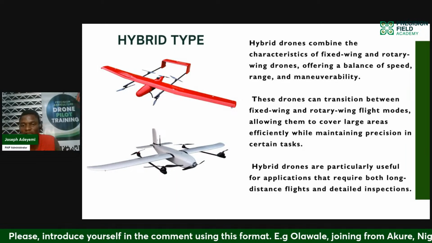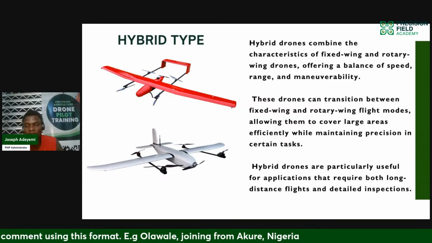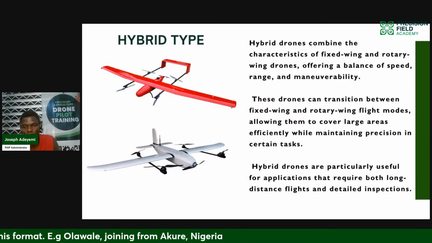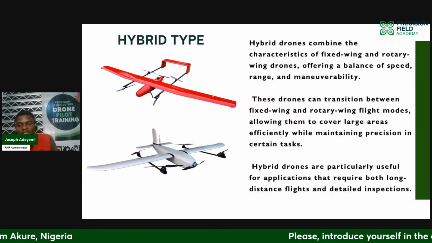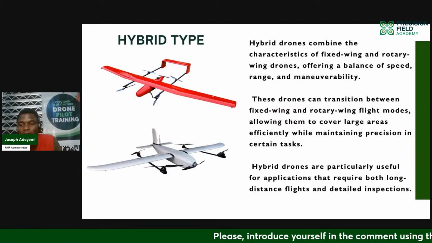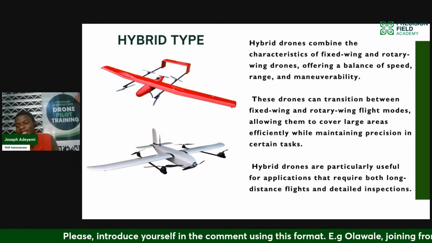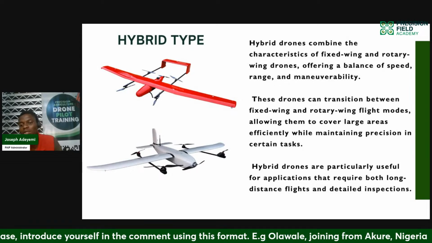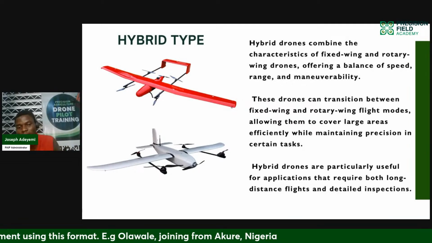These drones can transition between a fixed wing and a multi-rotor, so it can perform the function of a fixed wing and also the function of a multi-rotor drone. It allows them to cover large expanses of land efficiently while maintaining precision in certain tasks. Hybrid drones are particularly useful for applications that require both long-range flights and detailed inspection.